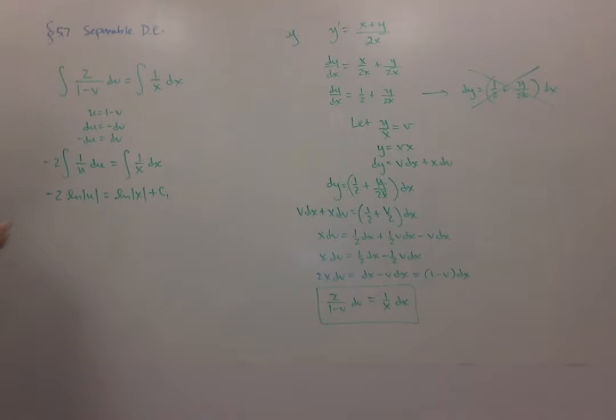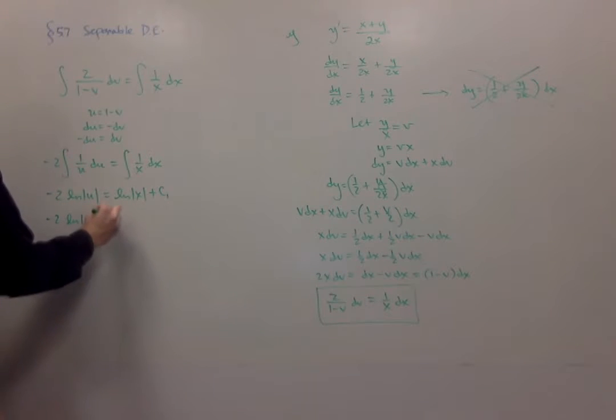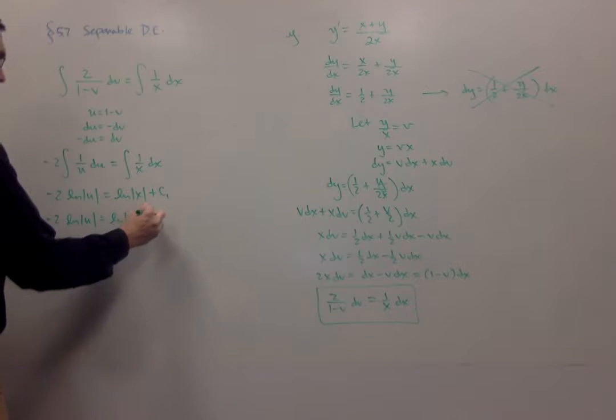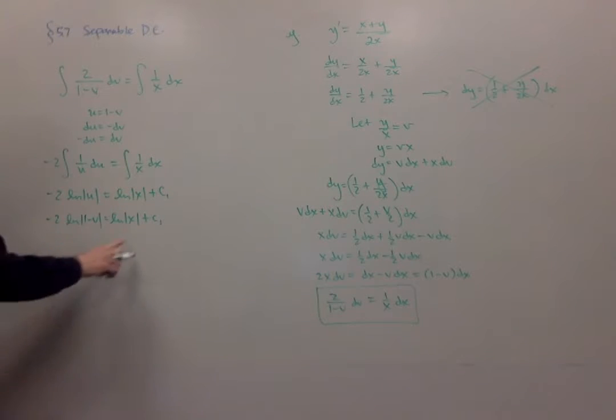Okay. So let's now substitute back in for u. So u is 1 minus v. So now I need to unpeel this so I can solve for v. So let's put the 2 over on this side, make it a negative 1/2.